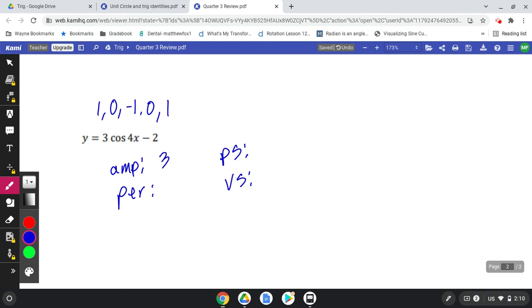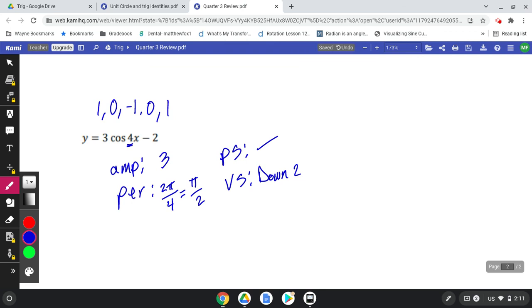So the amplitude right at the front, there's a 3. That's very easy, I hope. To find the period, remember it's 2 pi divided by b. In this case, b right here is the 4. 2 pi over 4, so our period is pi over 2. Phase shift does not happen. There's no parentheses. Vertical shift is down 2, or you can put -2.